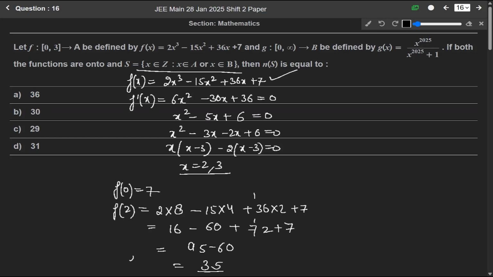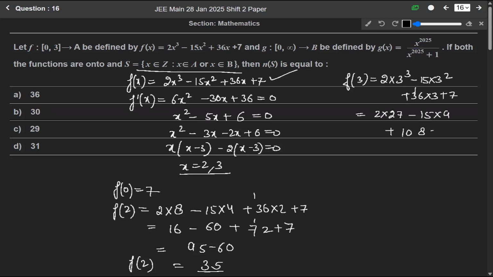Okay, so f(2) will be 35, and if we find f(3), so f(3) will be 2 into 3 cube minus 15 into 3 square plus 36 into 3 plus 7. So it will be 2 into 27 minus 15 into 9 plus 36 into 3, means 108, plus 7.